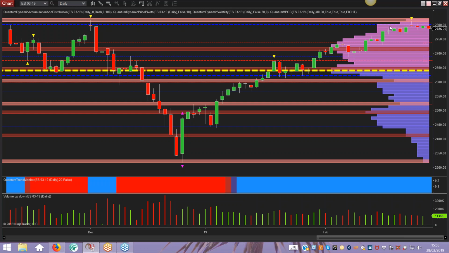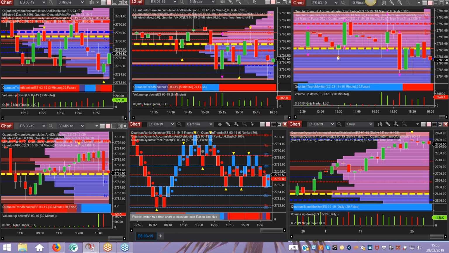It's building on the daily, but it hasn't exceeded the level down here, which is where the VPOC is right now, and that's what we're waiting for. This dam to burst, whichever way it does indeed move.